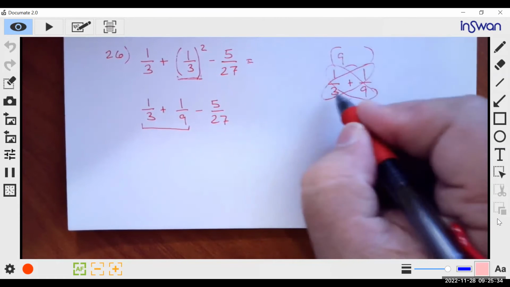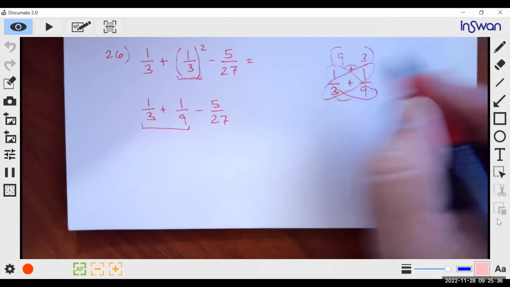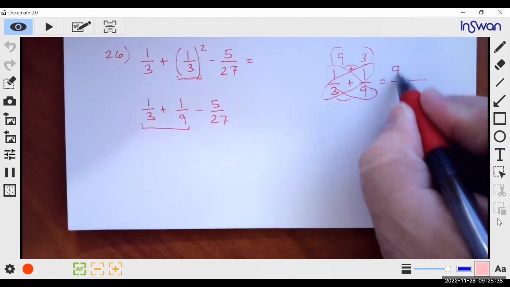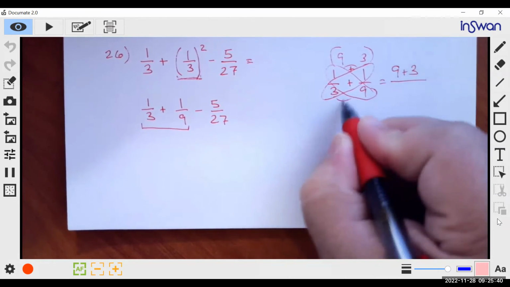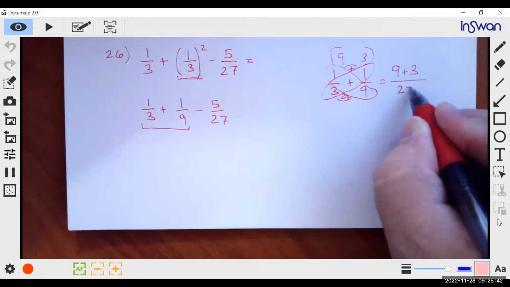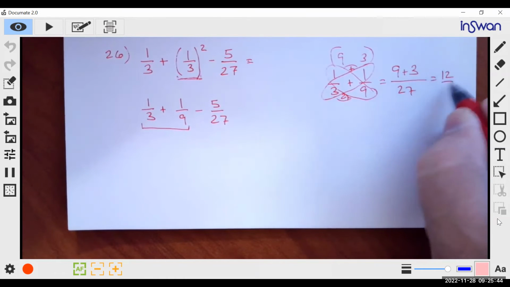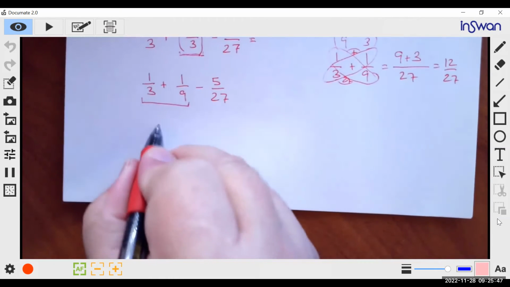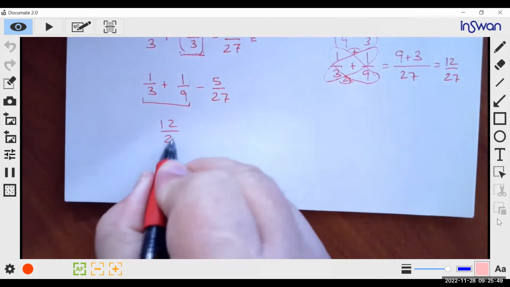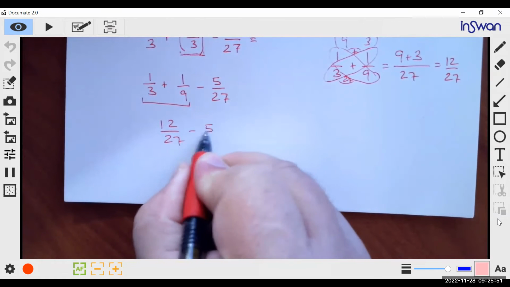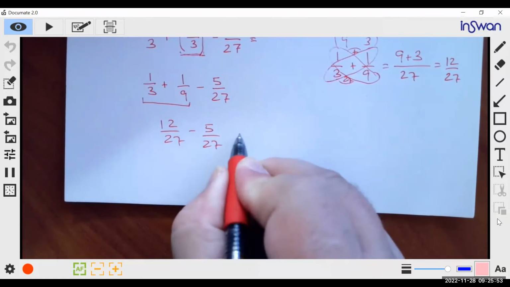Nine times 1 is 9. 3 times 1 is 3. There's a plus. 3 times 9 is 27. 12/27. So this becomes 12/27 minus 5/27.